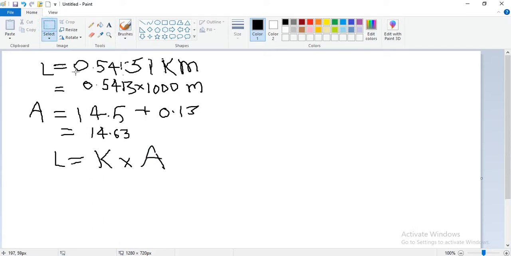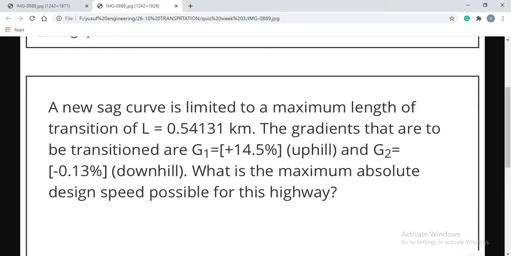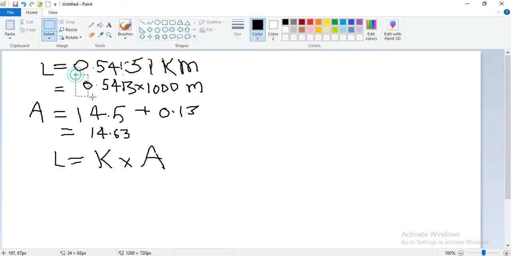Just a minute. Kilometer per hour, L will be in meter. So here the L will be 0.54 into 1000.